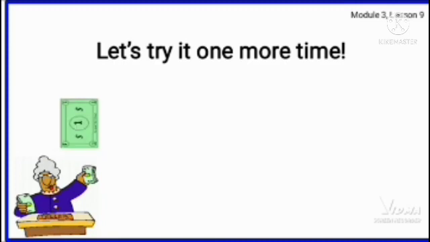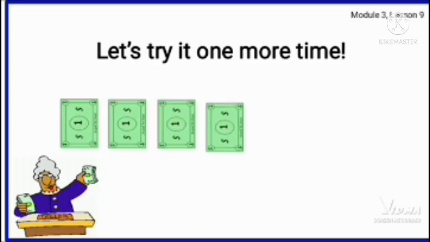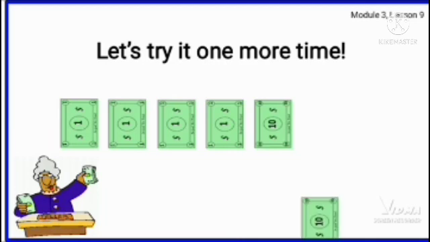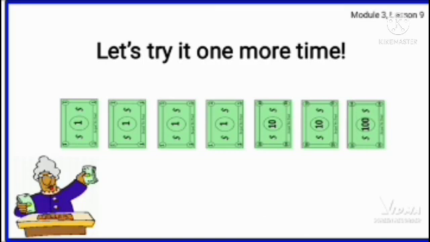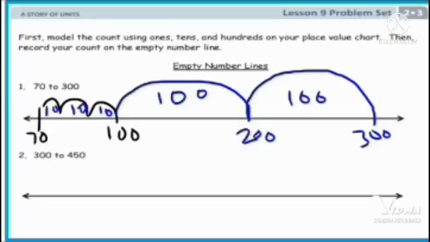Right? Let's try one more. Okay, 4, 14, 24, 120. Those ones that are quite easy to remember, you count silently, then get to a number that you remember quickly to count.